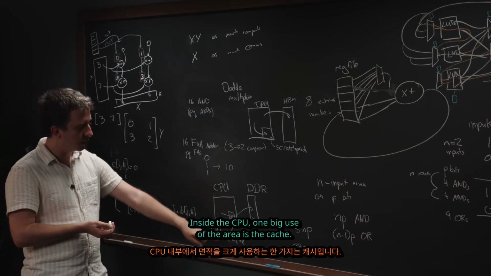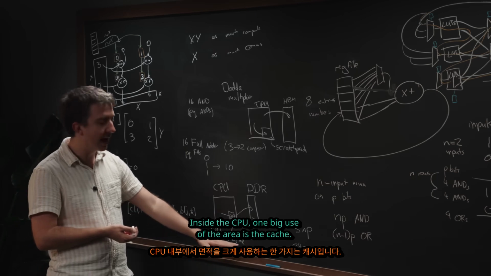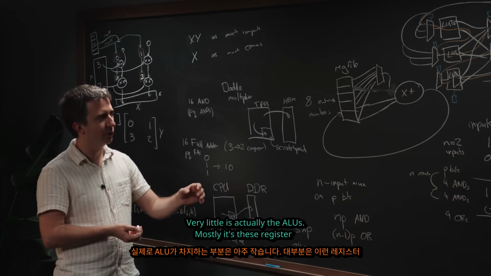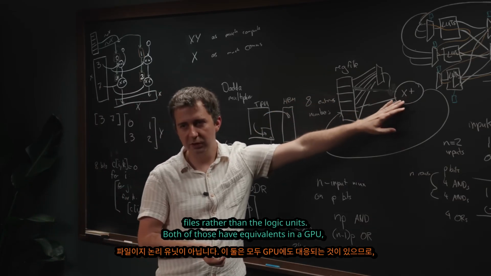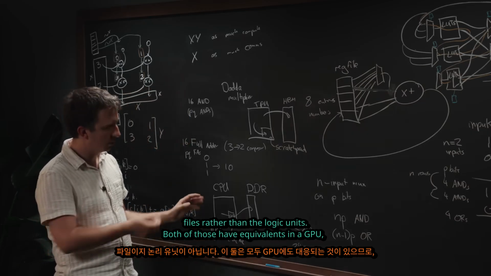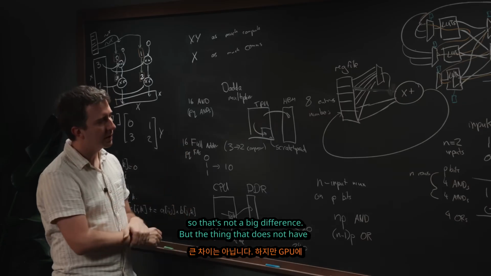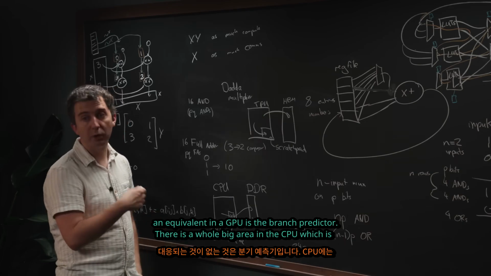One big use of area inside a CPU is the cache. Very little is actually the ALUs. Mostly it's register files rather than the logic units. Both of these things have equivalents in a GPU, so that's not a big difference. But the thing that does not have an equivalent in a GPU is the branch predictor.